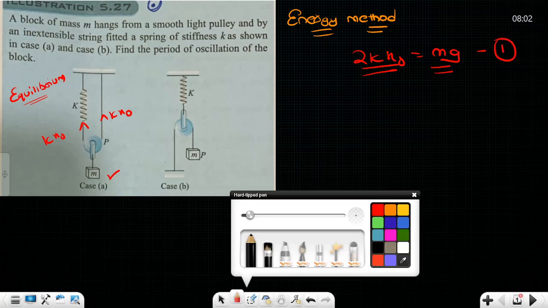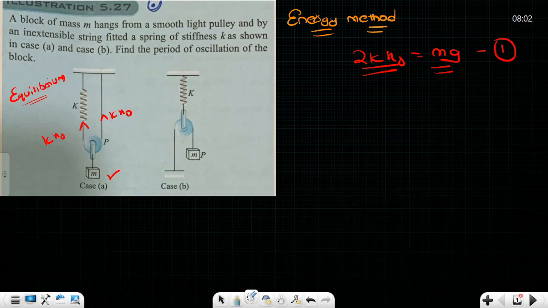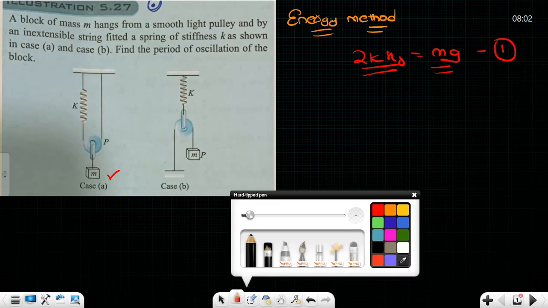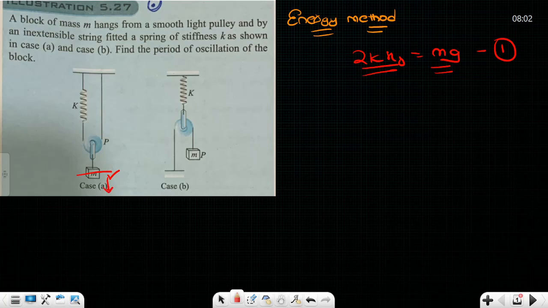I think it's clear. Now let's say the mass has been moved down by distance x. Then we know that spring will elongate by 2x length, right? Now let's write the energy of the whole system. Mass has moved down by distance x, therefore the decrease in potential energy is minus mgx.